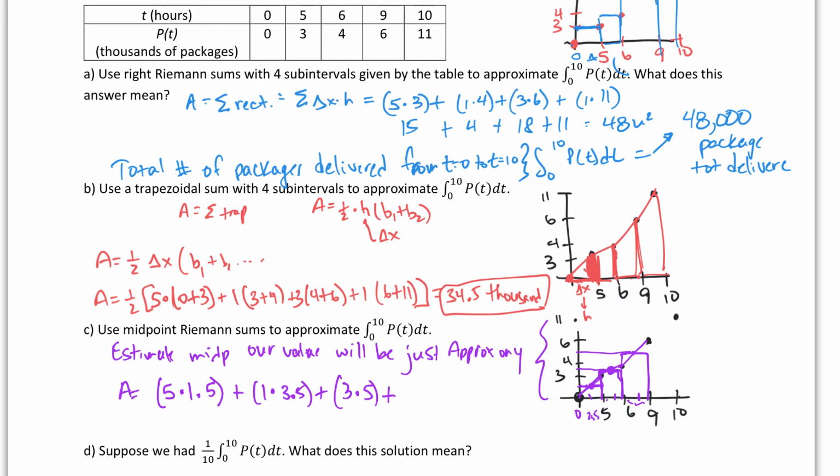Then the last one, we've got the midpoint at 9.5, and this rectangle looks like that. This delta x is 1, and it goes up to somewhere, I'm just going to estimate it to be 7. So over here, I get 7.5 plus 3.5 plus 15 plus 7, which is approximately 33, so 33 thousand.